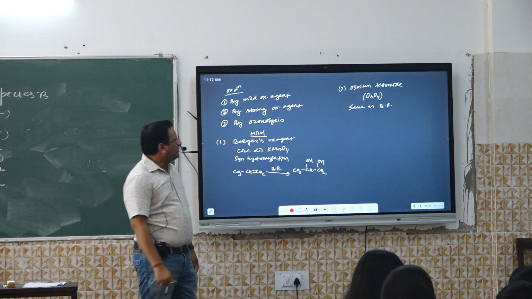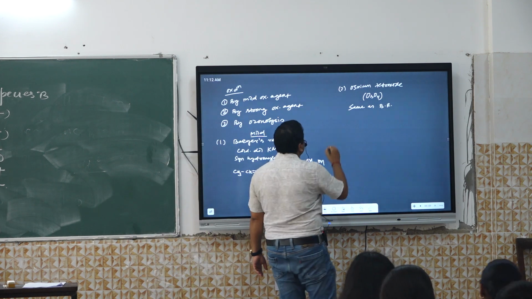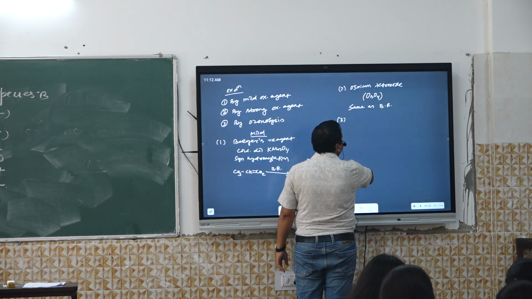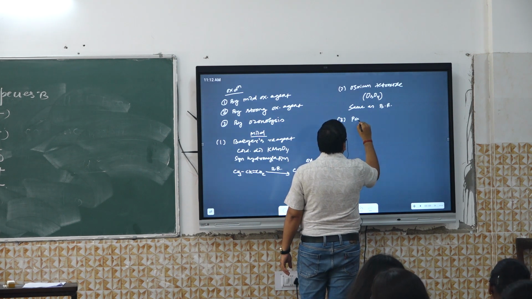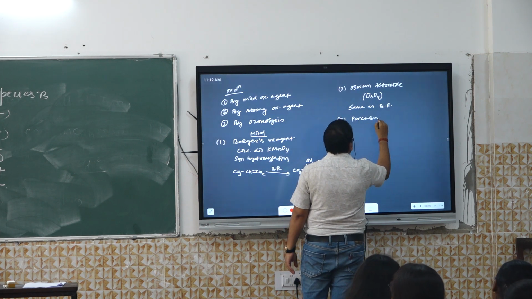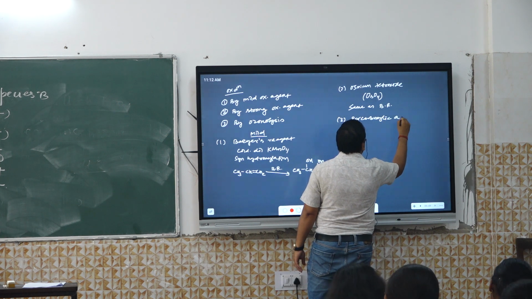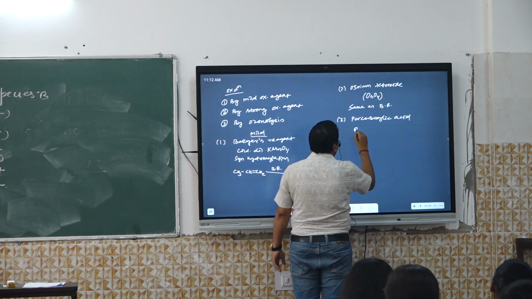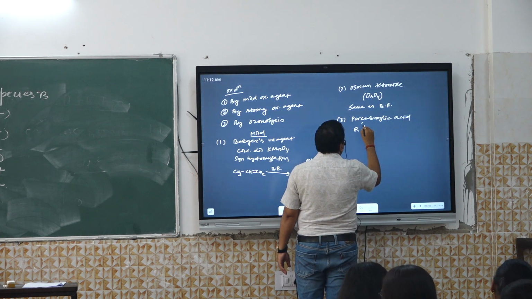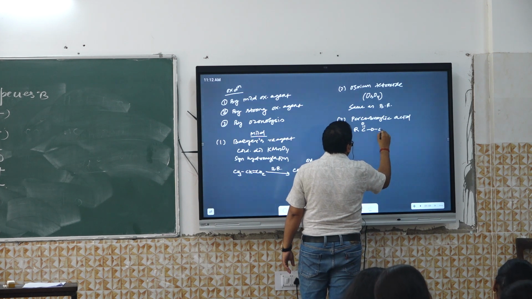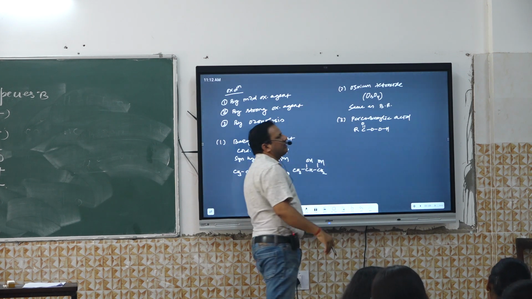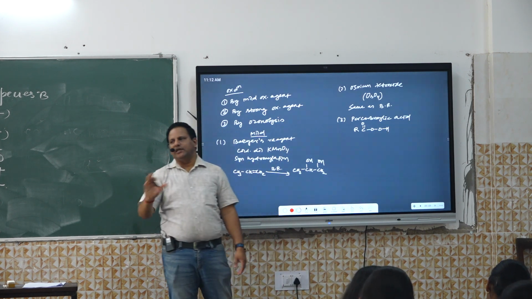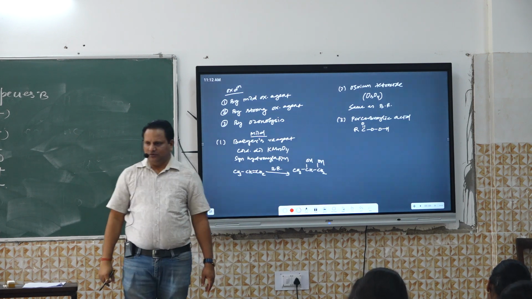The last one, under the mild oxidizing agent, that is peroxycarboxylic acid, RCO3H. A peroxide linkage is there, so it is highly unstable.